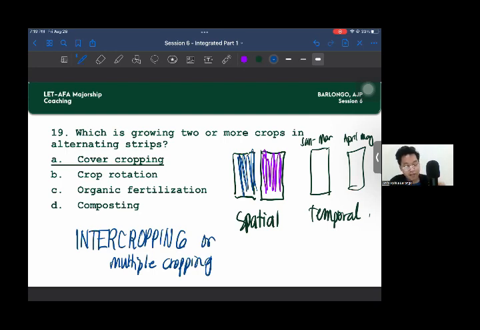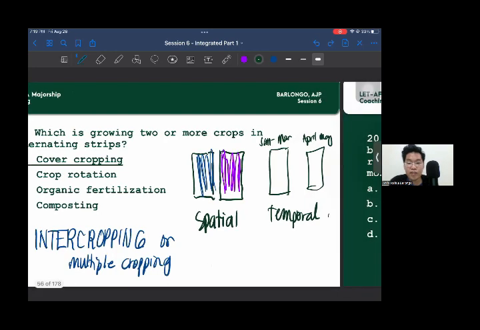Pero in our case na yung sa question is sa choices ay wala siya. Go to the nearest. Pero intercropping or multiple cropping is the best answer for this. Kasi sabi two or more. Two or more crops. Okay?